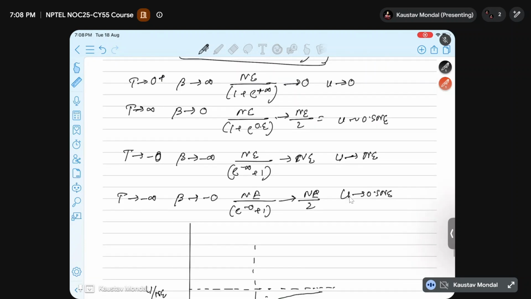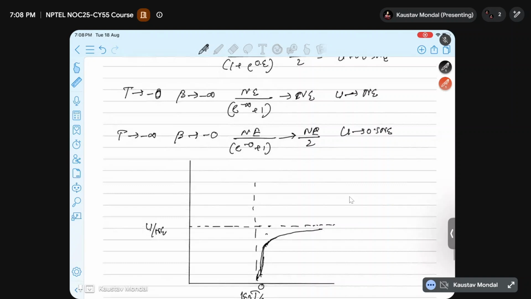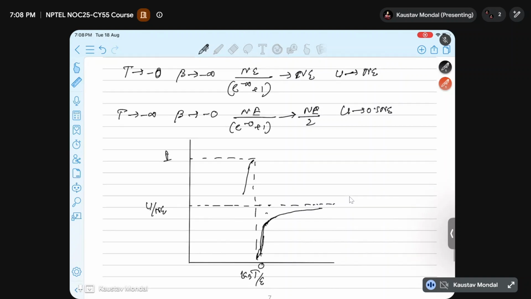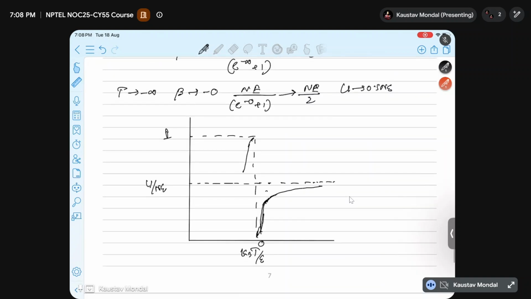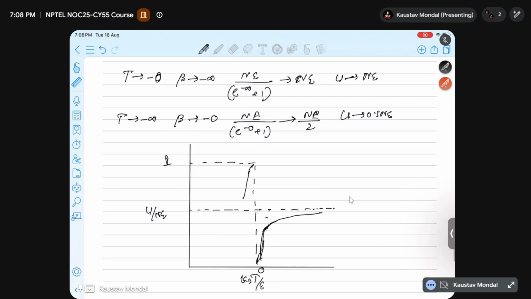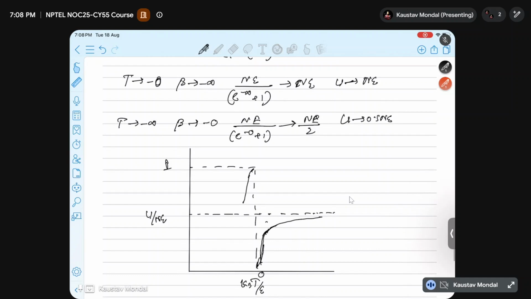Next is T. If T approaches 0 from the negative direction, then it tends to Ne. So Ne means this 1, so it will try to become 1. Now if you move towards minus infinity, it will try to become 0.5 Ne, that is the 0.5 mark here.